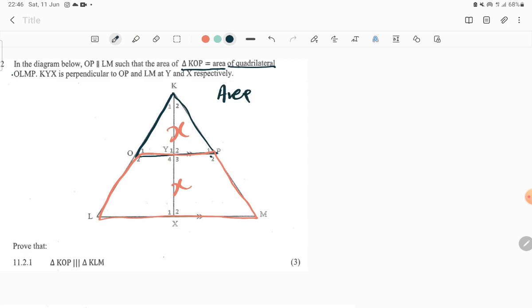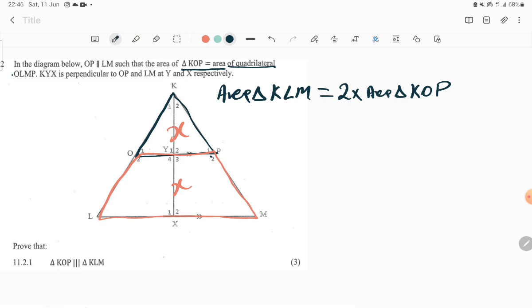So that means now the area of triangle KLM, which is the biggest triangle, is equal to 2 times the area of triangle KOP.